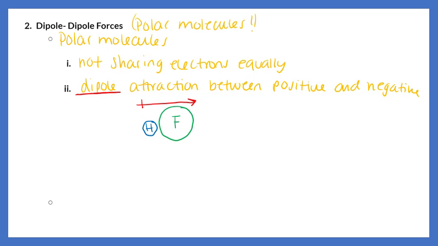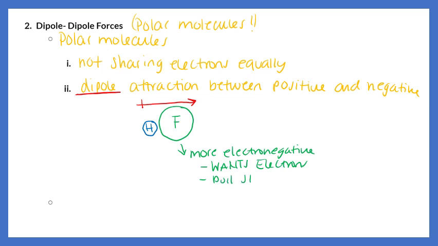So fluorine is more electronegative and therefore it wants the electrons, so it's going to pull strongly, creating that negative charge, okay?